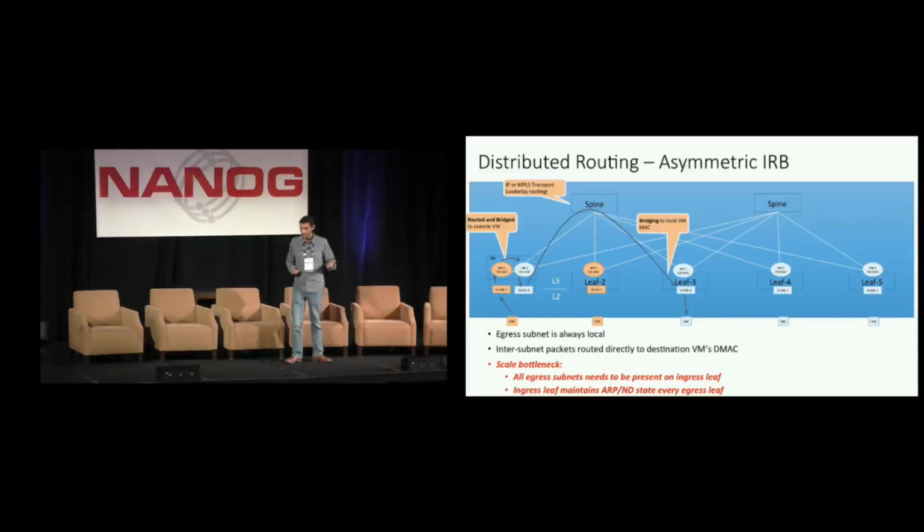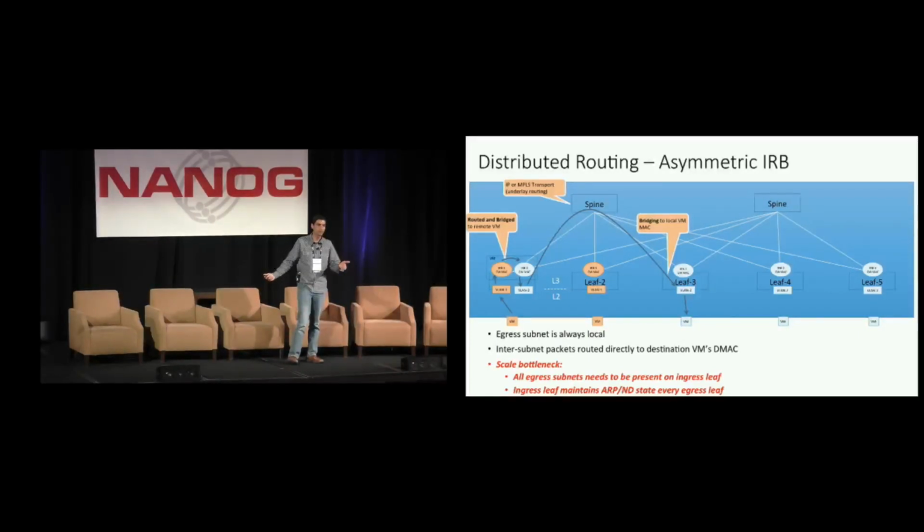The asymmetric nature of this architecture refers to the fact that the packet on the ingress leaf, which is the first hop gateway in this case, is routed directly to the destination VM's MAC. So when the ingress leaf routes the packet, it encapsulates the packet with the MAC rewrite, with the destination MAC as the destination VM's MAC.